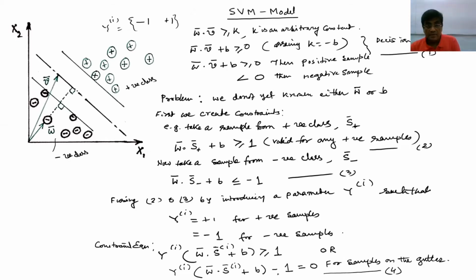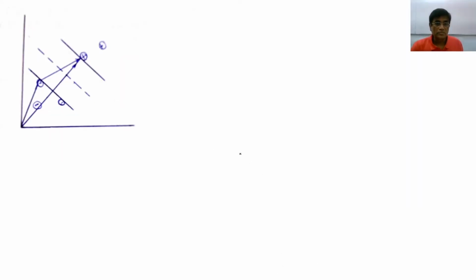Now let us try to move forward and calculate the width of the gutter. So here, I am again drawing the same drawing. Let us draw. This is my origin, and everything is a vector here. This is my negative class, and this is the positive class.